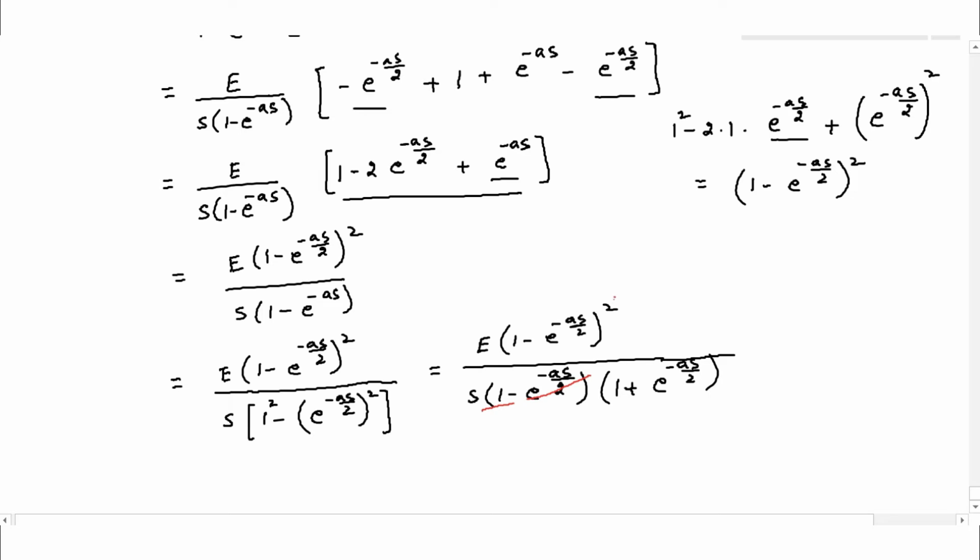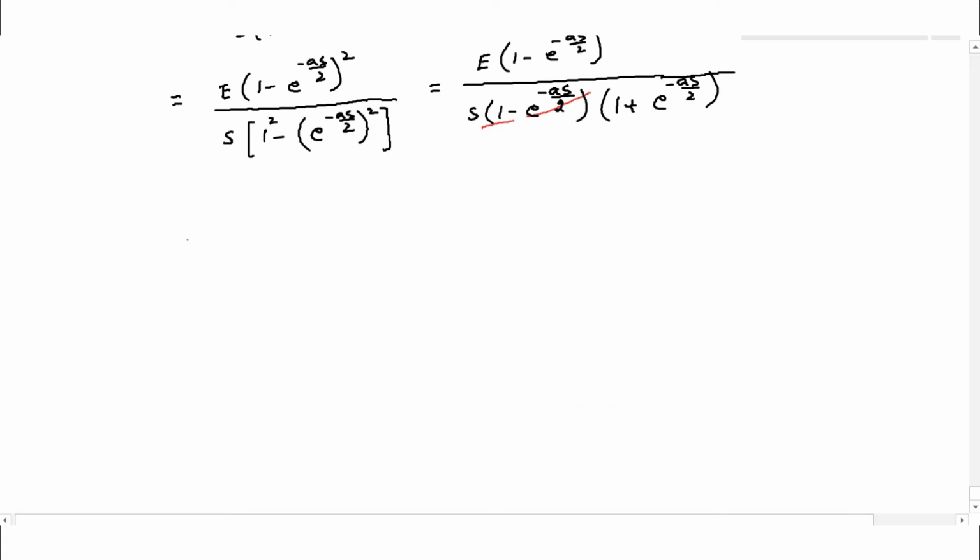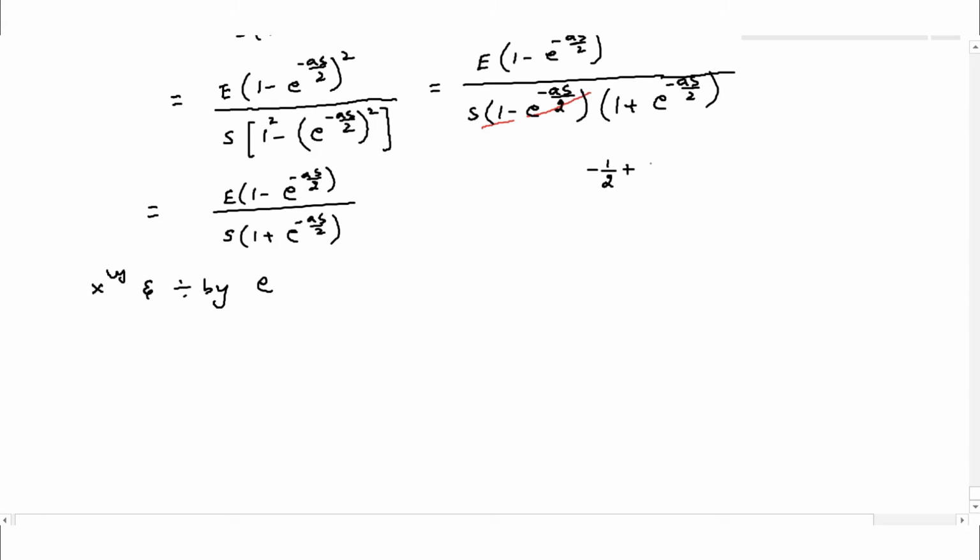So this 1 minus e power of minus as by 2 will cancel out once with the numerator value. So you'll be left out with e times of 1 minus e power of minus as by 2 in the numerator, whole divided by the denominator you have s into 1 plus e power of minus as by 2. So once again, if you want to get it in the standard form, I just try to multiply and divide by e power of minus half.